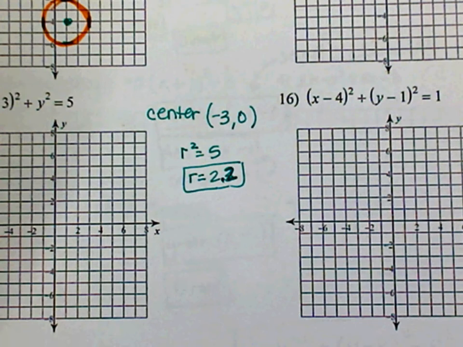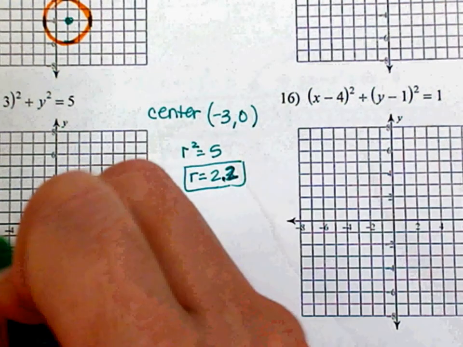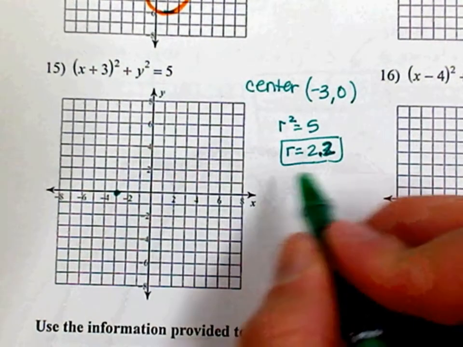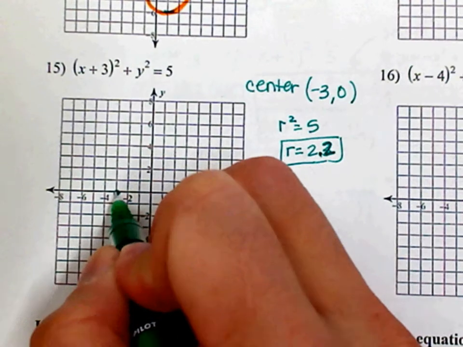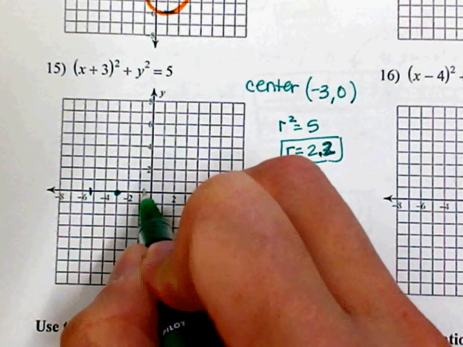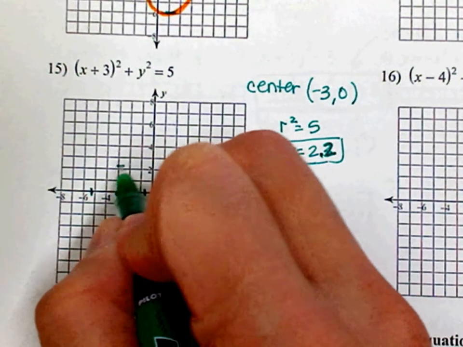All right, -3, 0. There's your center. From there, go out 2.2. So 1, 2, a little bit more. 1, 2 to the right, a little bit more. 1, 2 up, a little more. 1, 2 down, a little bit more. You guys see that right there? That's all you got to do.